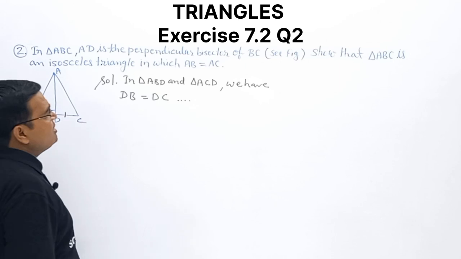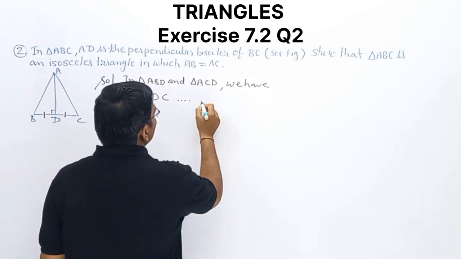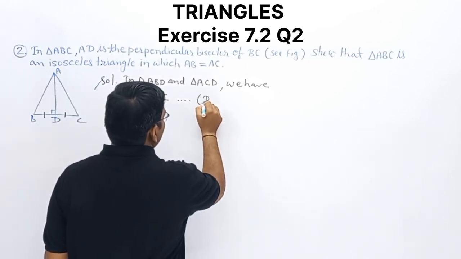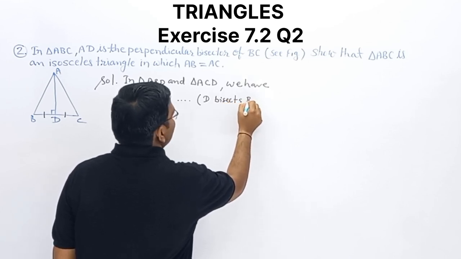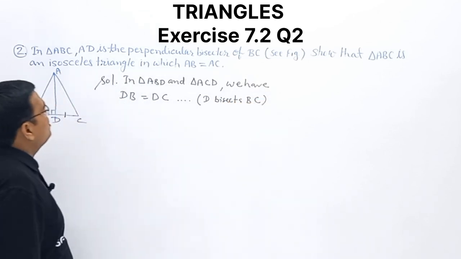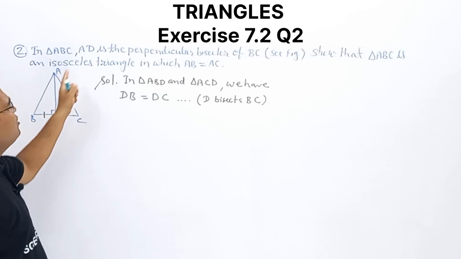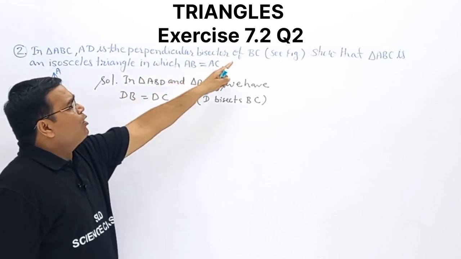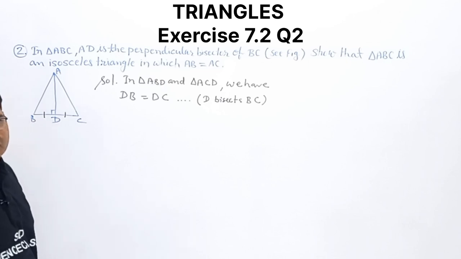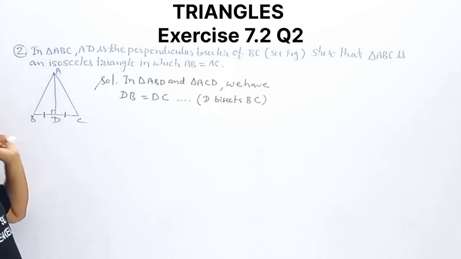Why? D bisects BC. It is given in the question. AD bisects BC, it is given in the question. So we can say this one equals this one.